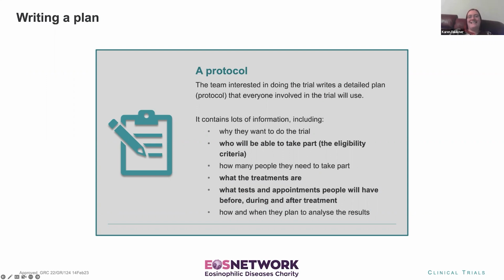And it details why the trial is taking place, who will be able to take part. So this is the criteria that people must have and the criteria that people must not have to be able to take part in the study, how many people they want, what the treatments are, and quite often it will list existing treatments as well if there are any as a comparison, what tests people will have to go through and how many appointments they will have to attend.